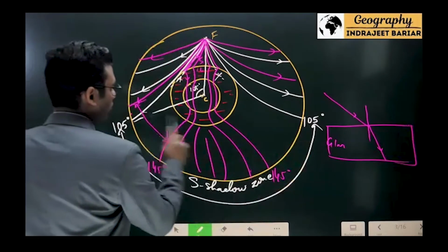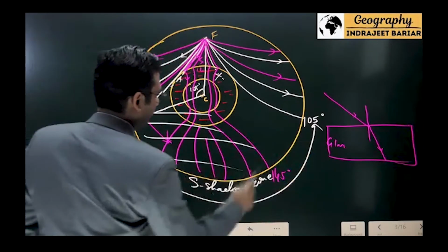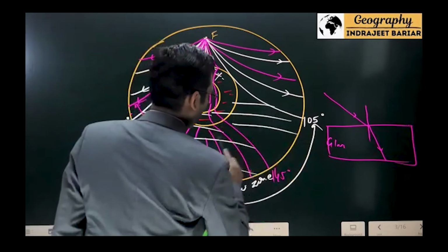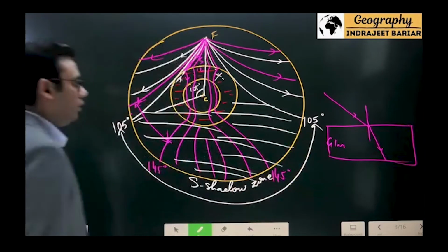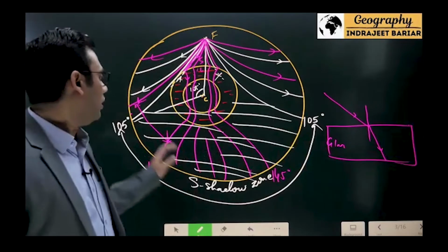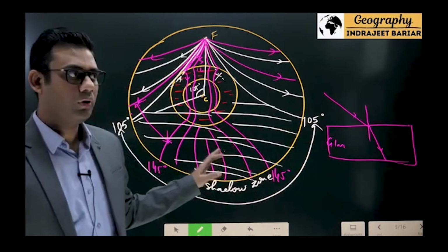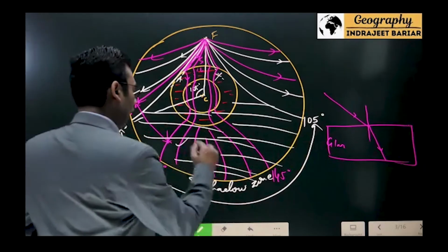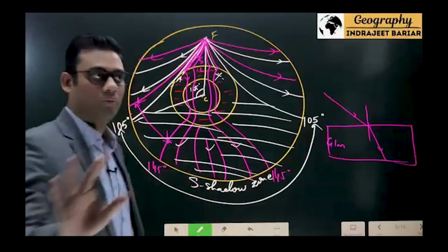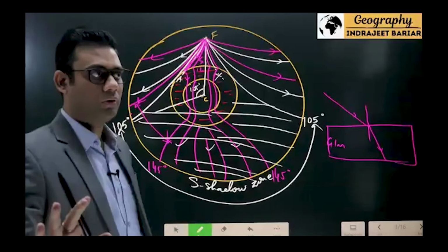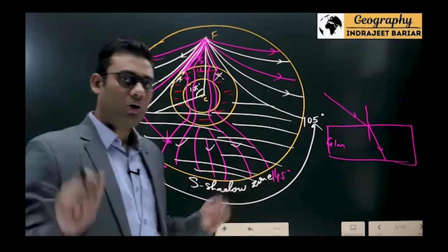This whole area is the S shadow zone. Is it completely empty? No. In this zone, we are getting P waves.